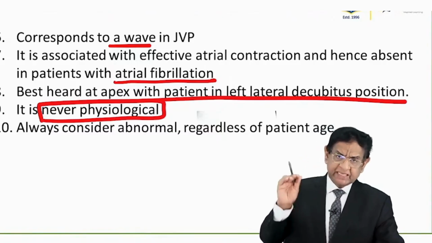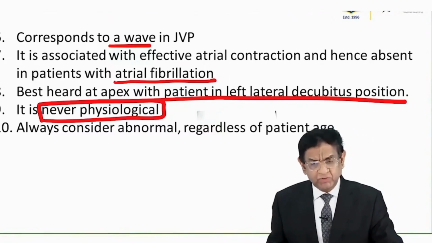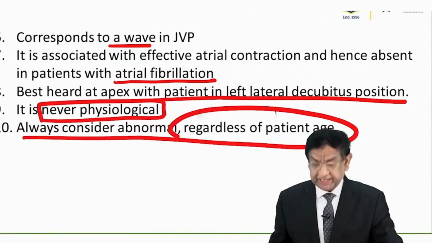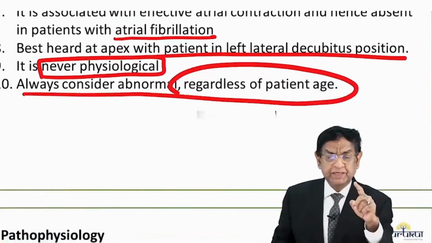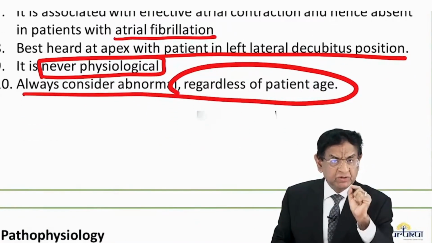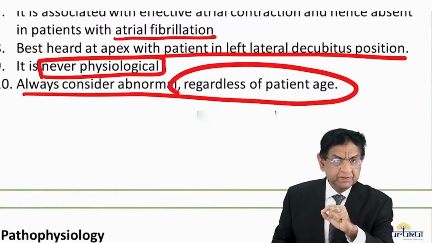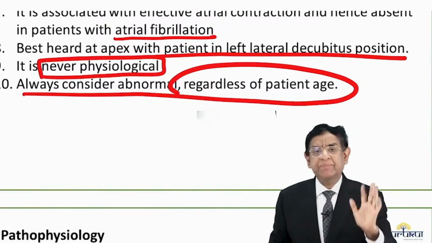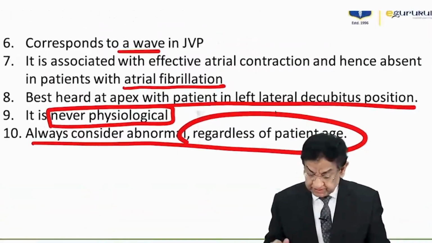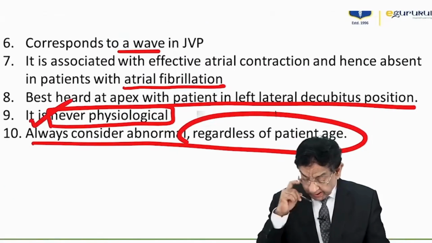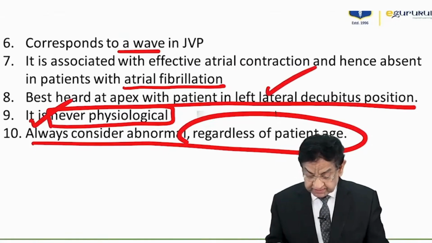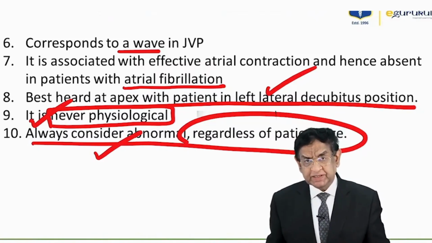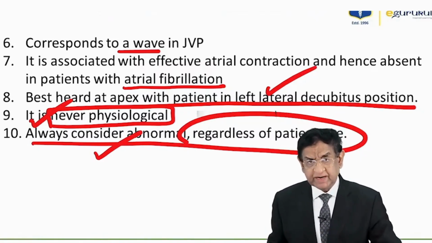But once S4 is there, it is always pathological, always abnormal, regardless of age. Even if a child is getting S4, it is abnormal. So friends, the keywords are never physiological, left lateral decubitus, and always abnormal. These are the three extra points that you learn compared to the description I gave you.